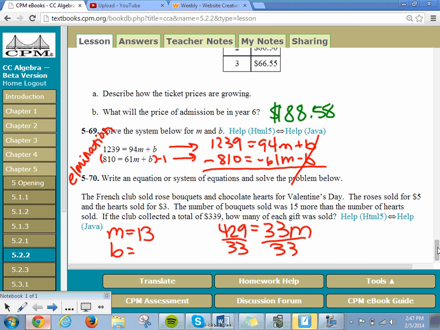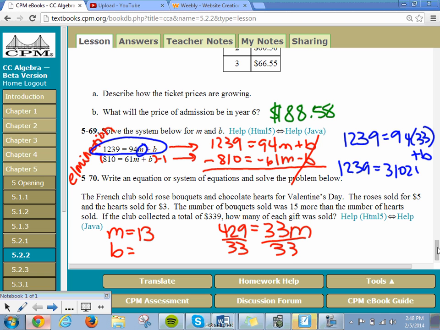So I'm going to take my 13, and plug it into one of my original equations. For this one, I think I'll use the top equation, so I'm going to plug in 13 for m. When I do that, we've got 1239 is equal to 94 times 33 plus b. So 3,102 plus b.